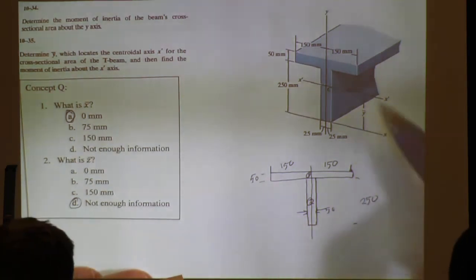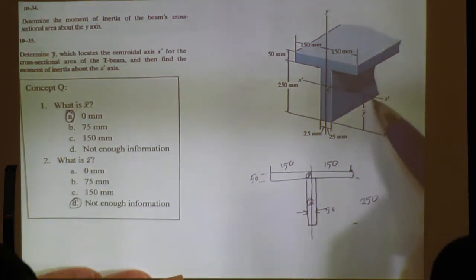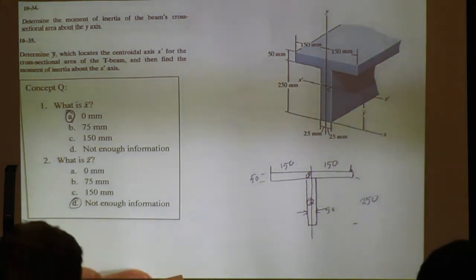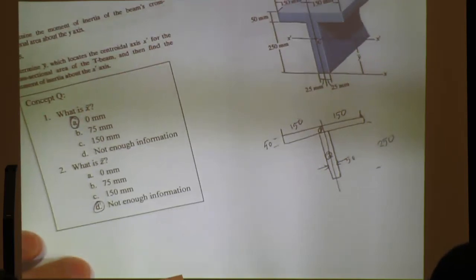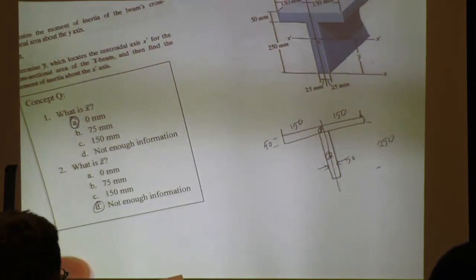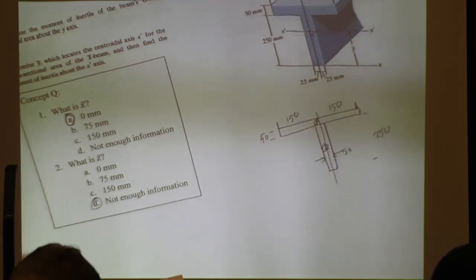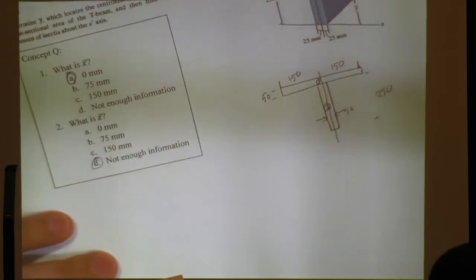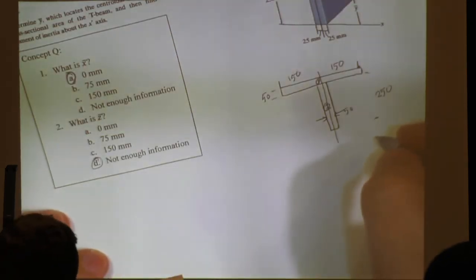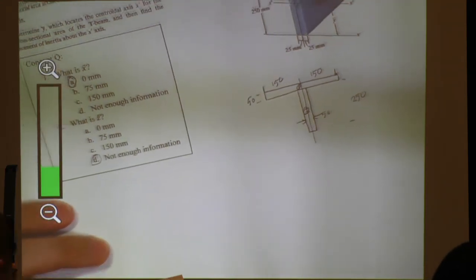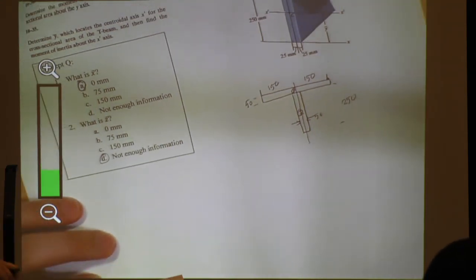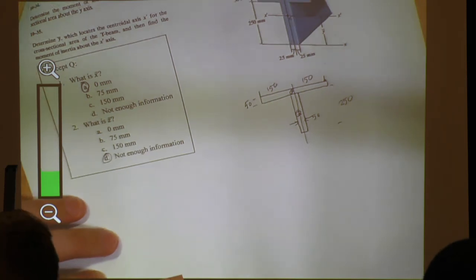And up here, as you can see, it wants us to figure out the y bar. All right. So we want to determine the cross-sectional area on the y-axis. All right. So what's the moment of inertia for a rectangle? 1 over 12, base times height cubed.